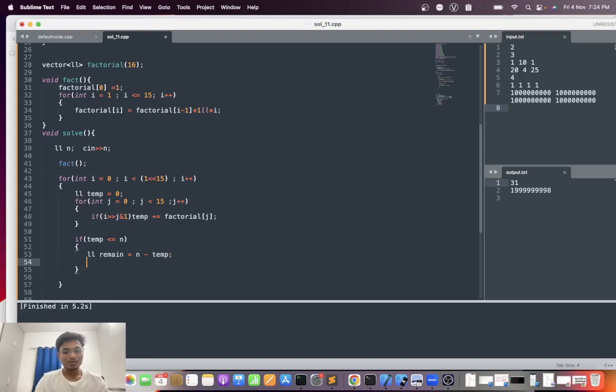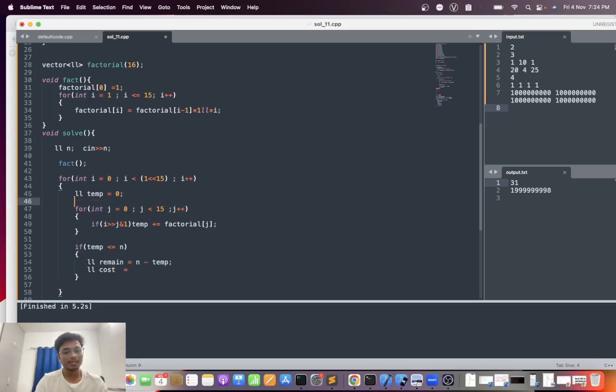So total cost will be how many values I have taken here. I make a simple count, plus the count of bits in the remaining.